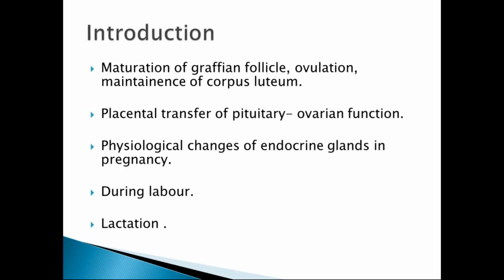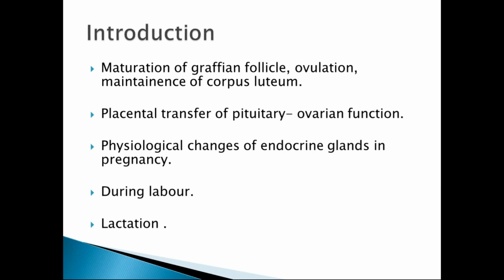Coming to the next one, placental transfer of pituitary ovarian function. The normal pituitary ovarian function of hormones is completely transferred to the placenta, which becomes the main source of hormones during pregnancy. The third one is the physiological changes that happen in endocrine glands during pregnancy.